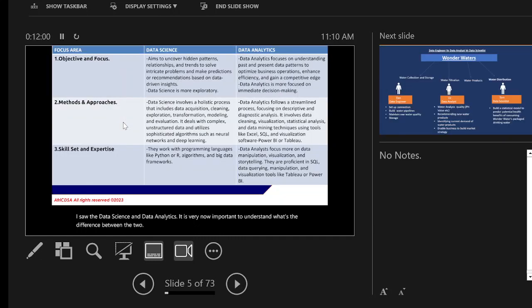So, to look at the difference between data science and data analytics, I have here the focus area.